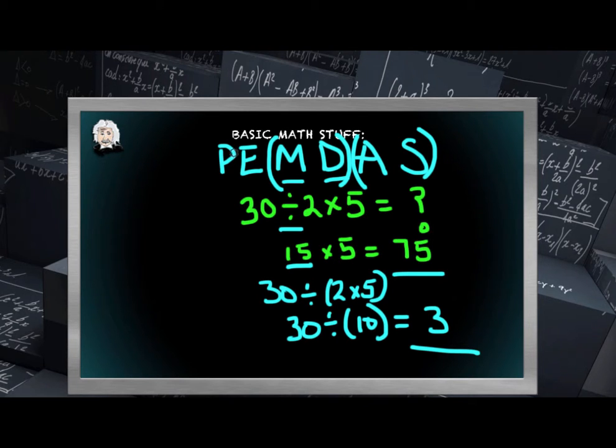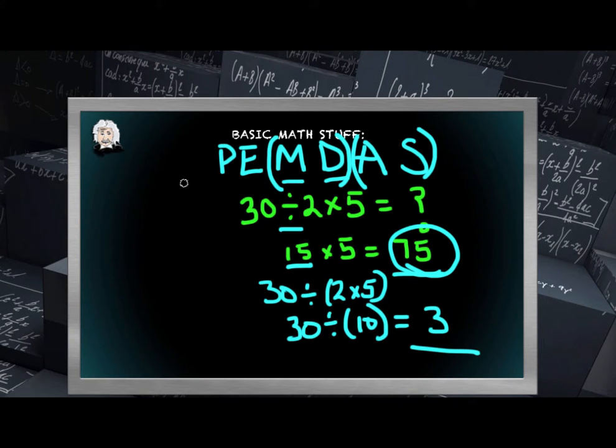So be careful. When you look at PEMDAS, don't think it literally is PE, then M, then D, then A, then S. Multiplication and division need to be treated at the same priority, and addition and subtraction need to be treated as the same priority. If you do that, you would have come to the correct answer of 75 in our equation.